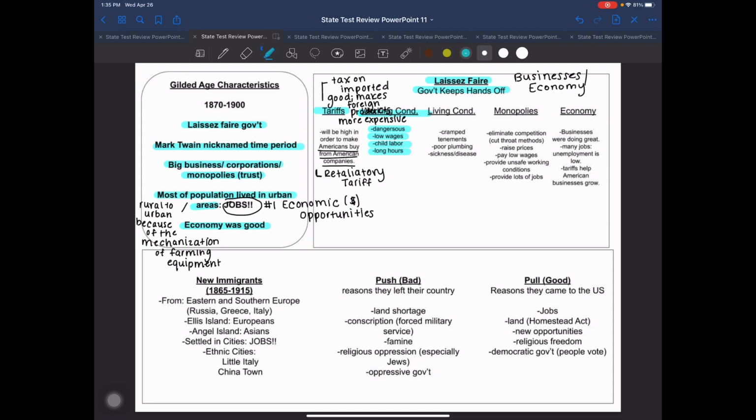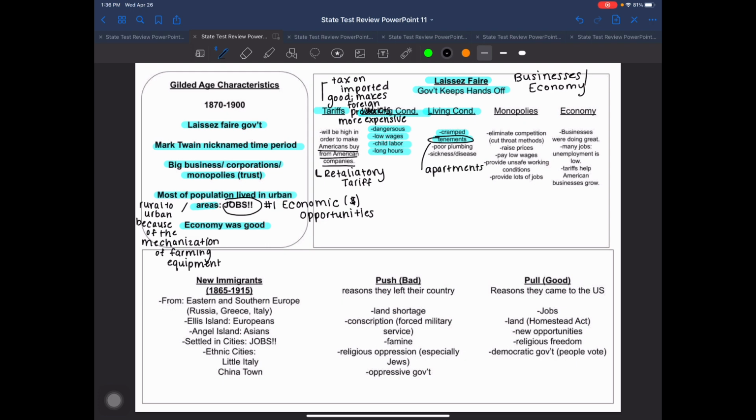The living conditions in a lot of these cities, a lot of people, especially immigrants, lived in something called tenements. And tenements is going to be the word that you are most likely going to see on state tests. The word that we are more familiar with would be apartments.